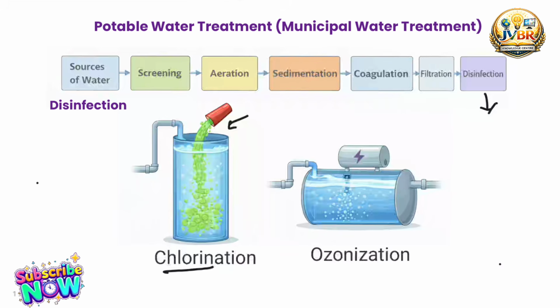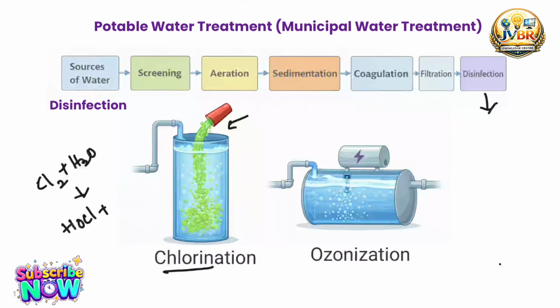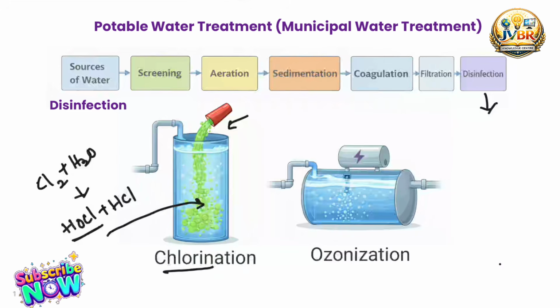In this process, when we add chlorine to the water, it forms HOCl, that means hypochlorous acid, and HCl. This hypochlorous acid is a powerful disinfectant. It kills most of the bacteria present in the water.